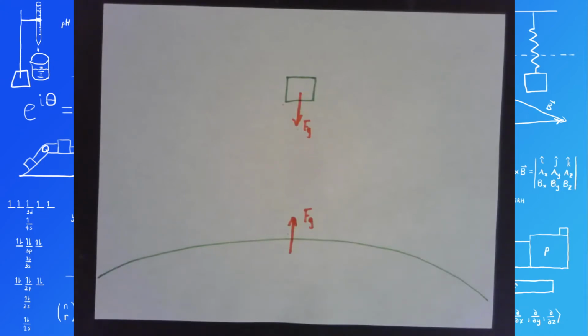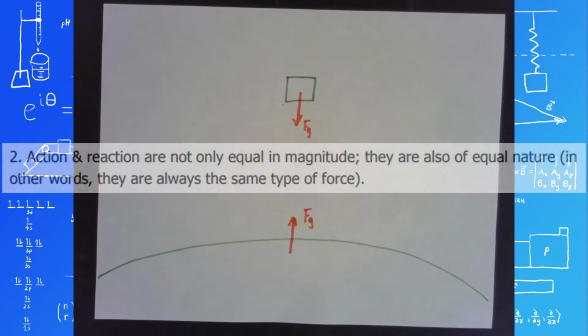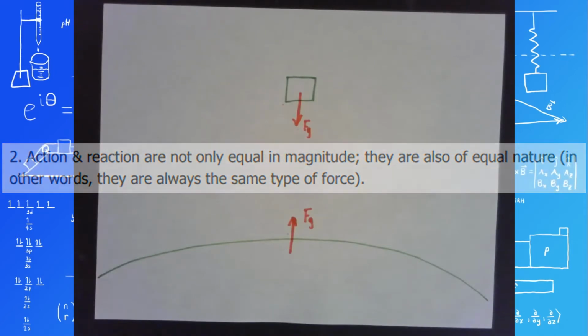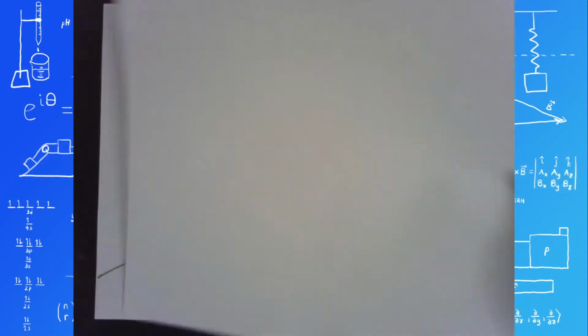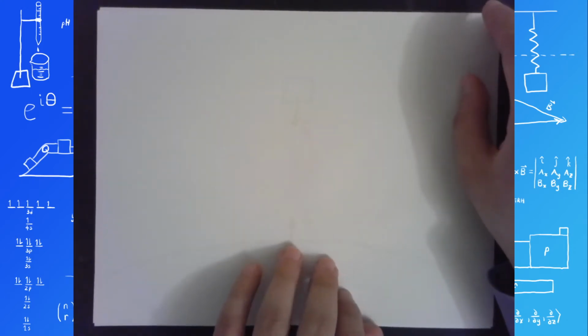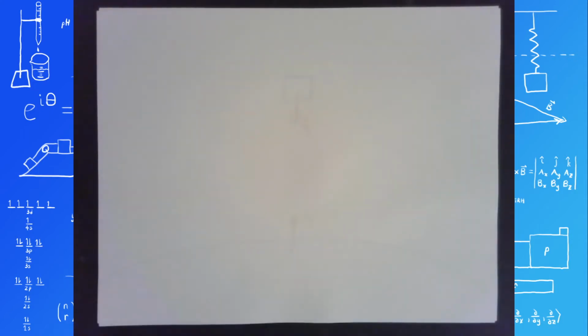Okay, number 2. Action and reaction are not only equal in magnitude, they are also of an equal nature. In other words, they're always the same type of force. So one time I stumbled upon a video on YouTube that really got on my nerves, because in that video they did the following.